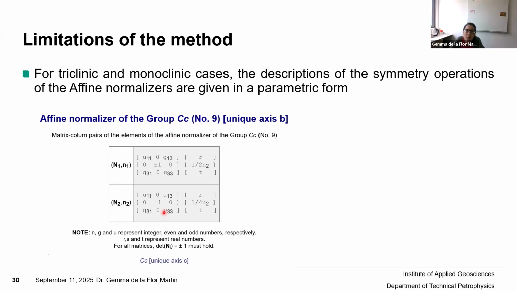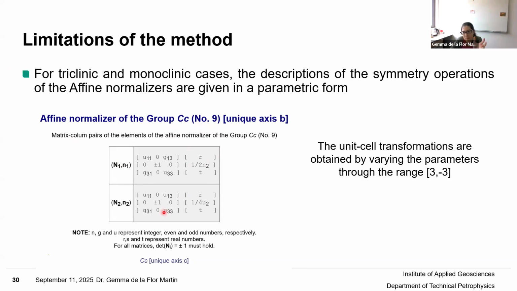In such cases, the program COMPSTRU calculates the best match between the lattice parameters by varying the parameters within the range -3 to 3. We have chosen this range because it works quite well, and also because of the speed, because increasing this range makes the program very slow, and as the server is doing the calculations on the fly, it's not possible at the moment to increase this range.